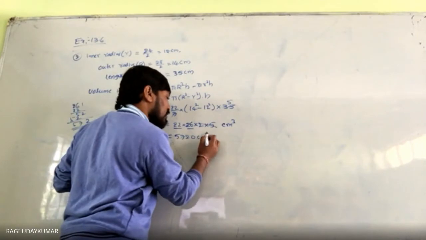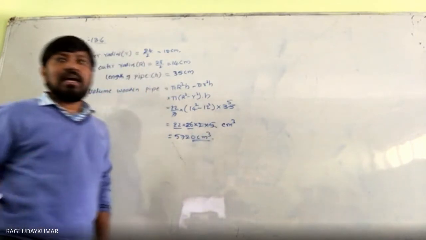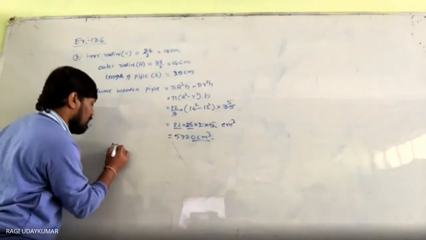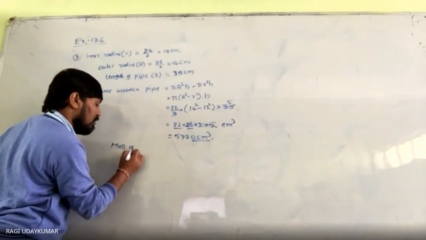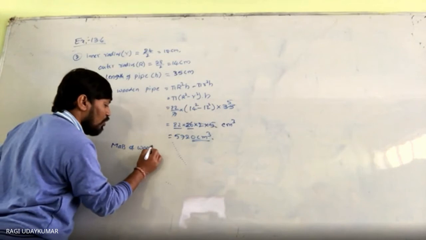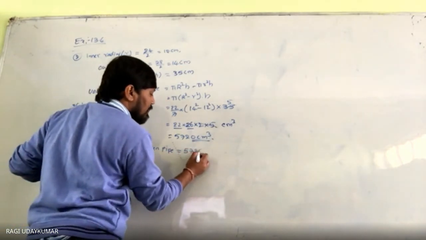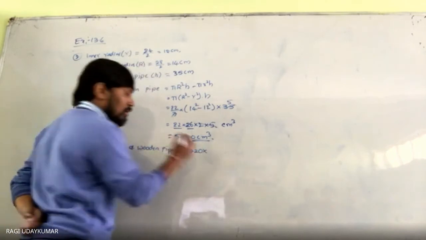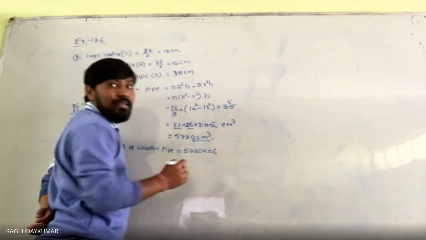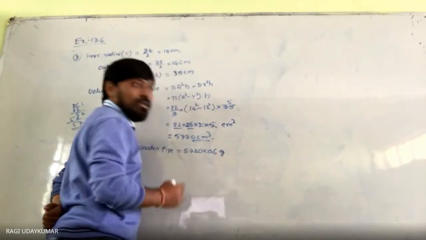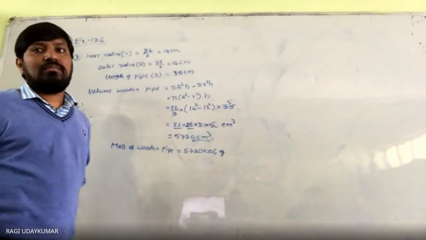5720 centimeter cube. So now here it is asking you to find out the mass. Mass of the wooden pipe is equal to 5720 into 0.6. What is given is grams, so this also you are going to get in grams.